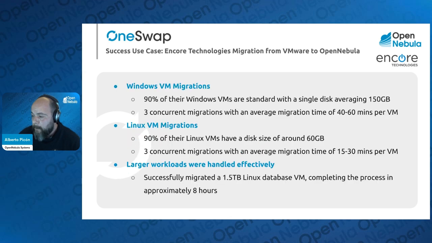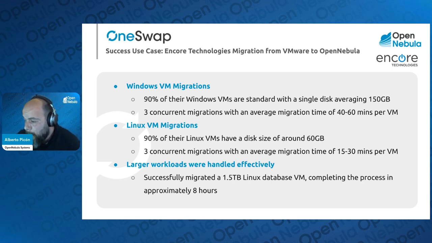As you see here, they faced conversions of different operating systems, Windows and Linux, mostly both types. They used 3 concurrent conversions and 2 concurrent migrations with OneSwap. The average sizes were 150 GB for VMs based on Microsoft Windows, and on Linux around 60 gigabytes per disk.